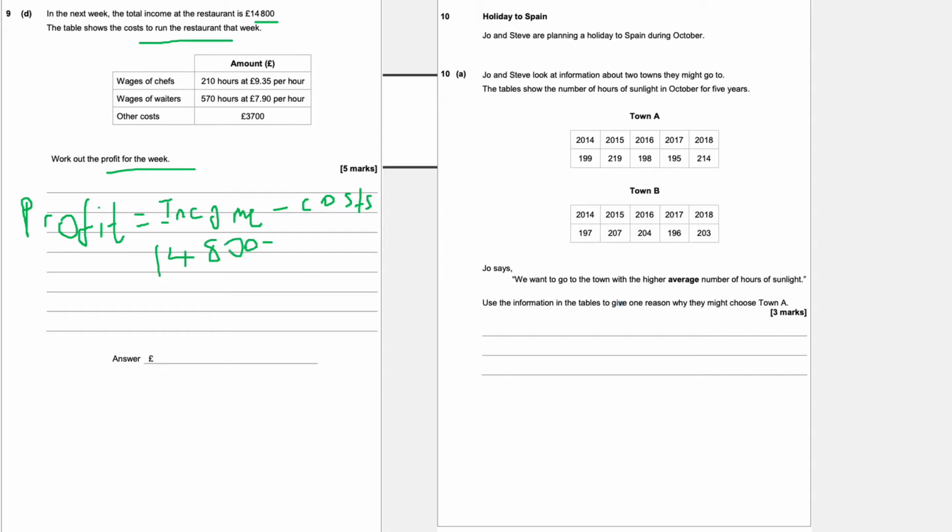That's 14,800. I'm going to take that away from the costs, but I've got to work out the costs separately now. So the wages of chefs is 210 at £9.35 per hour. So 210 times 9.35 is going to give us an answer of £1,963.50.